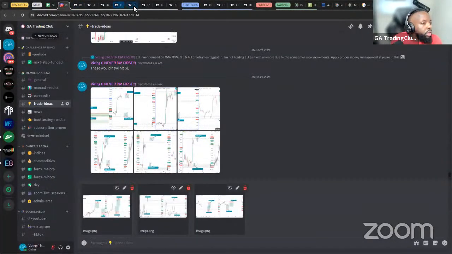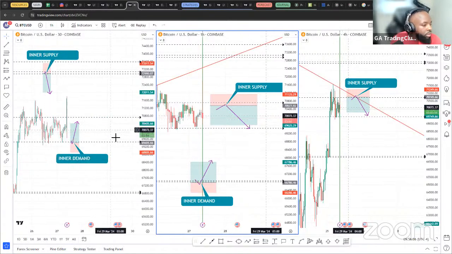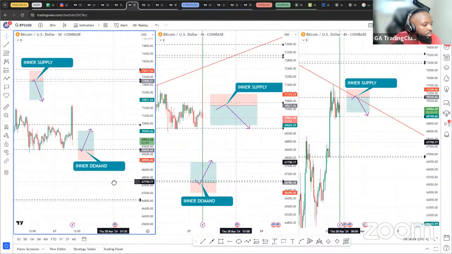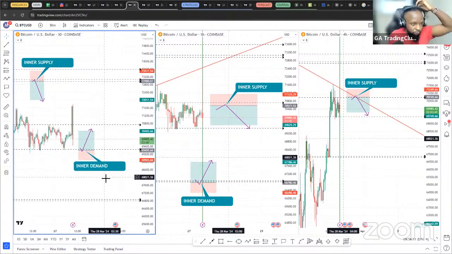Then Bitcoin. Bitcoin is coming to a 30-minute demand.